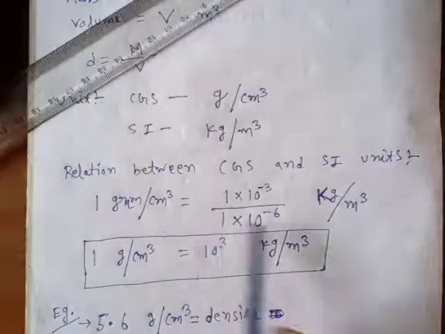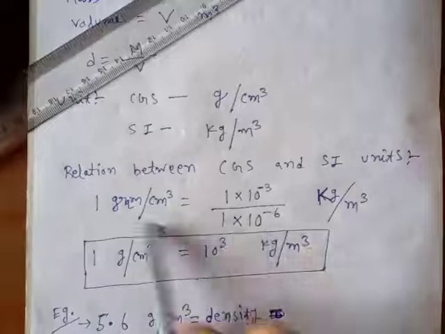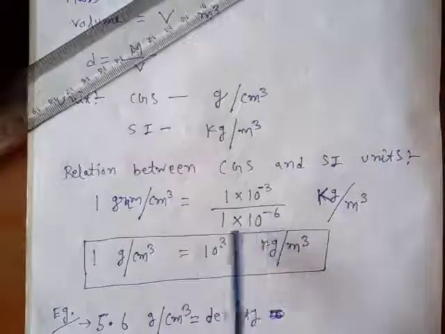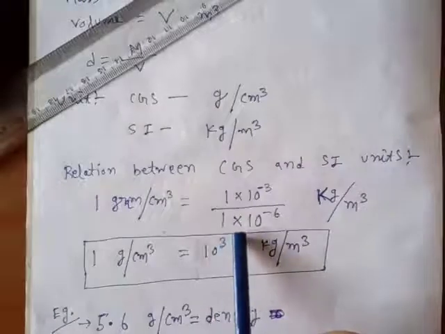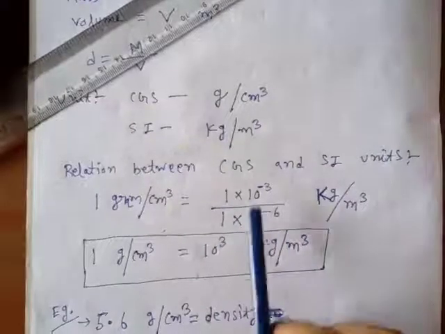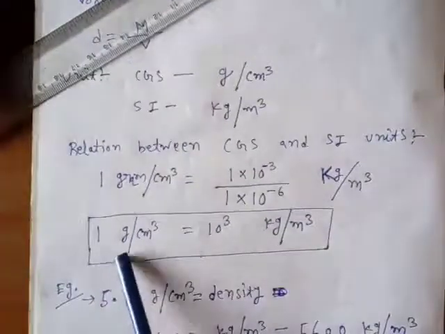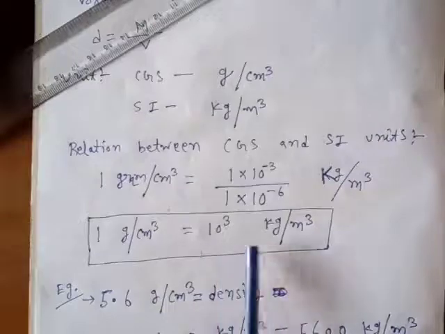Now in the denominator we have to convert 1 centimeter cube into meter cube, so 1 multiplied by 10 to the power minus 6 meter cube.